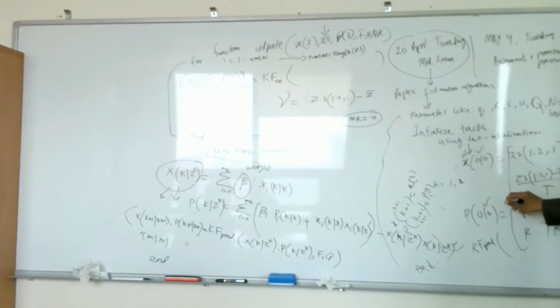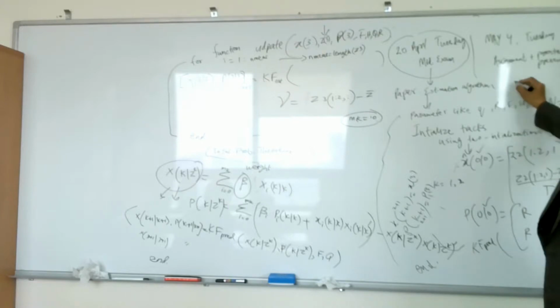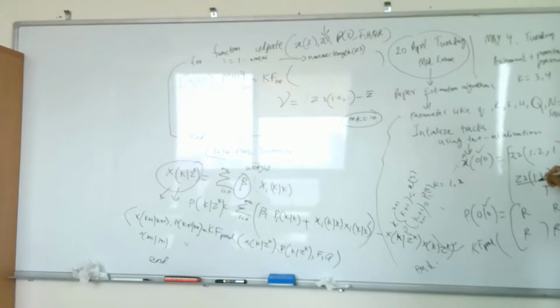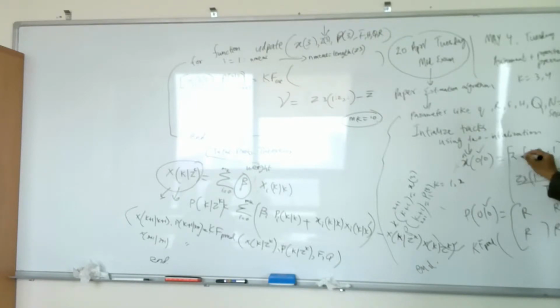Now we have to initialize with scan number 3 and 4. Now next time the z2 will be z3, and here 4 and here 3.